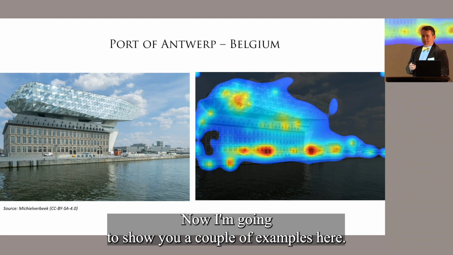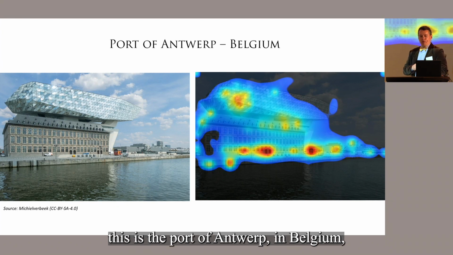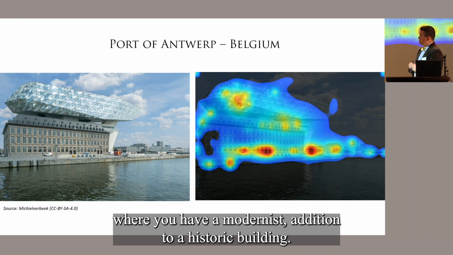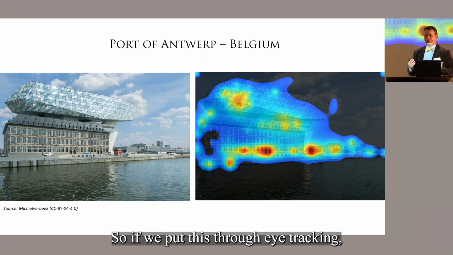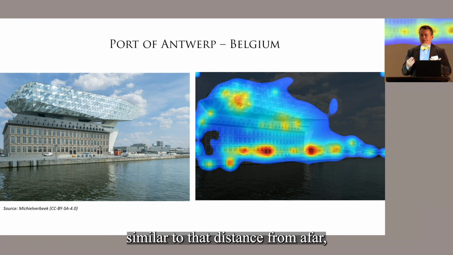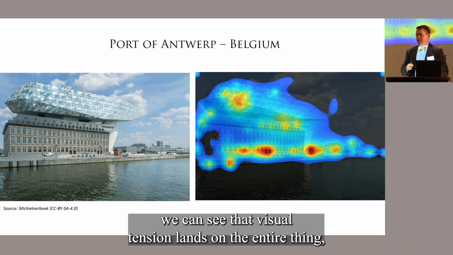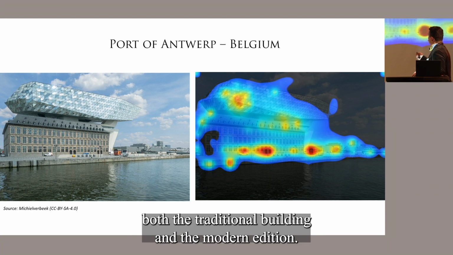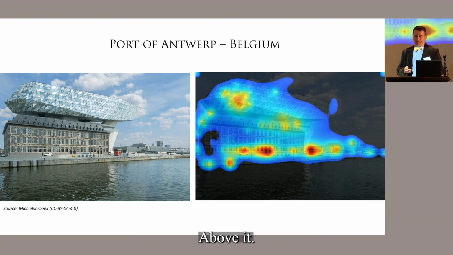Now, I'm going to show you a couple of examples here. This is the Port of Antwerp in Belgium, where you have a modernist addition to a historic building. So if we put this through eye tracking, similar to that distance from afar, we can see that visual attention lands on the entire thing, both the traditional building and the modern addition above it.